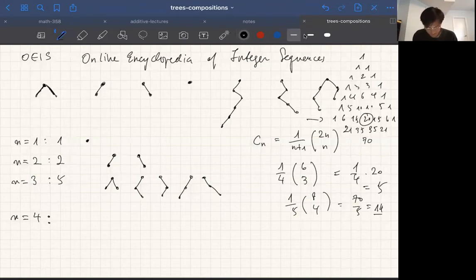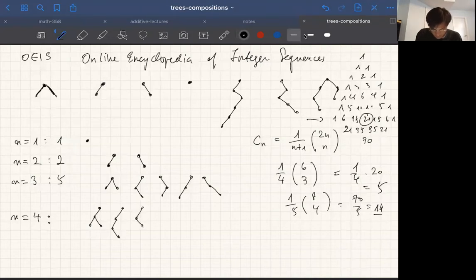Is that actually right? Is 14 a Catalan number? Well, it starts to get really hairy. So should we try to draw all of them? The first one goes left, and then we have all the possible trees of 3.